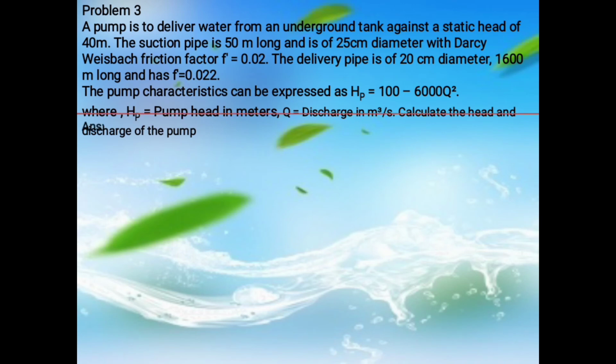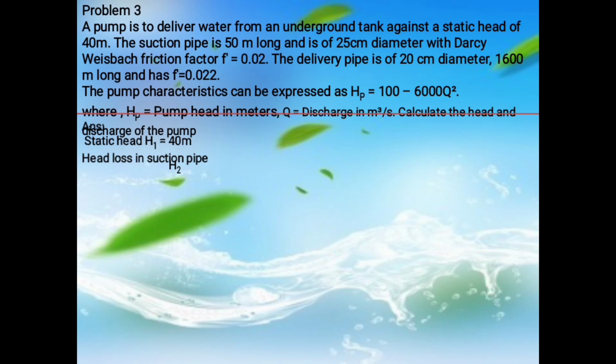In this question, the static head is 40 meter, then suction pipe 50 meter length. Length of the suction pipe is 50 meter and diameter of the suction pipe 25 centimeter. And Darcy Weisbach friction factor also given, that is F dash equal to 0.02 for suction pipe and 0.022 for delivery pipe.